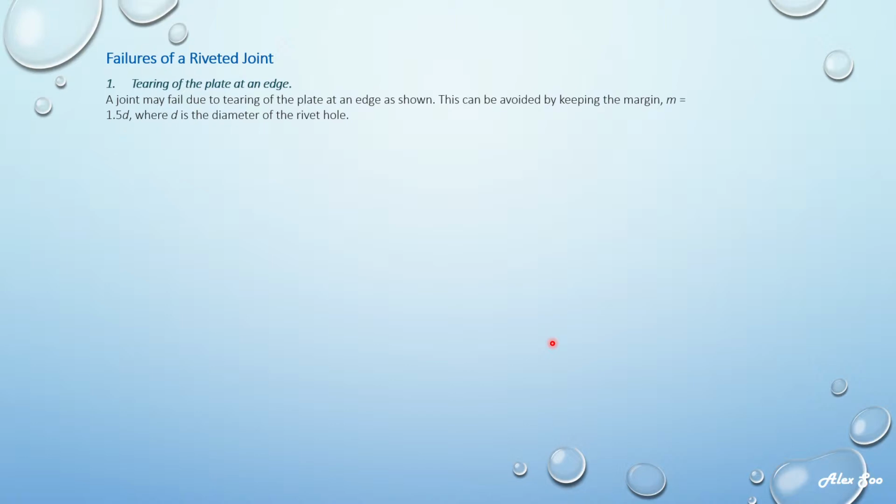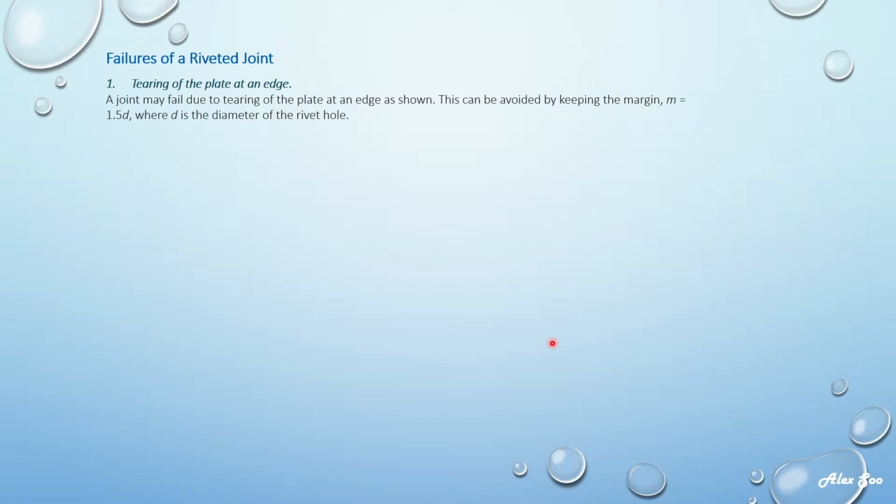Now, when two plates are placed together in a lap joint with rivets, and you apply forces at the side, you might cause failure. Looking at the failure modes of the rivets, there are three possible failures that might occur on a riveted lap joint when you apply force along the axial direction, along the axis of the system.